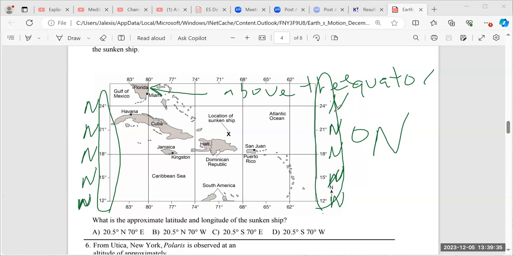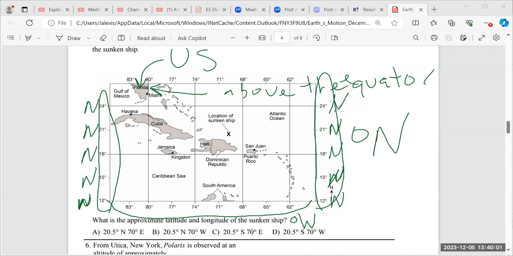All right. Now, the other thing too is I see Florida, right? And that Florida represents the US. What do I know about the US? The US is located on the west side of the world. And so therefore, I know that all of these here are degrees west.